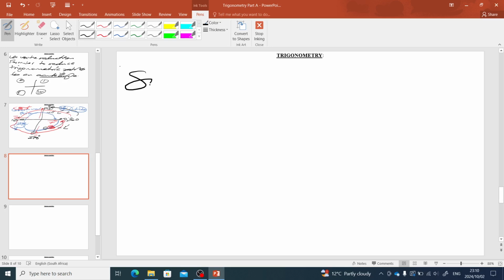For instance, if we have sine of a negative theta, we can convert it to negative sine theta. We've converted this to being positive.